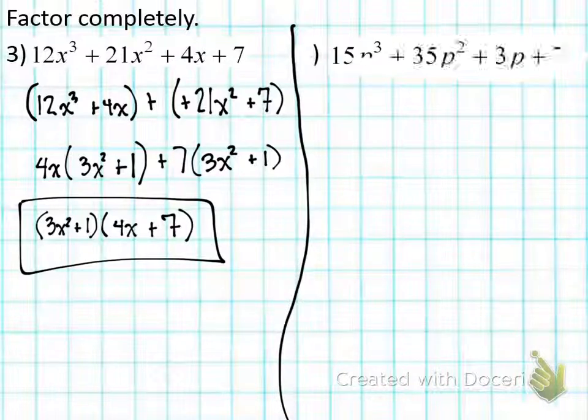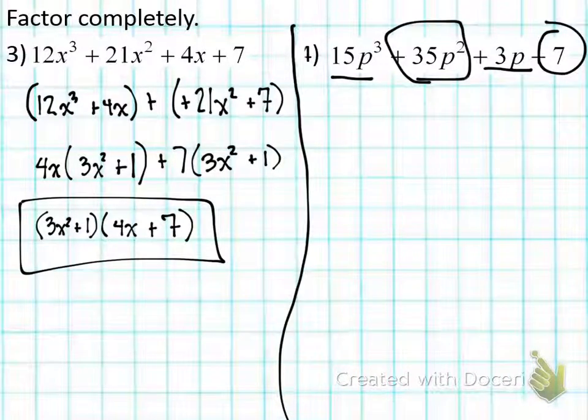Number 4. By yourselves. Go. So let's rewrite this. Now, sometimes when you're really good, you can just do this. You don't even have to rewrite it. But we won't skip steps. 15p cubed plus 3p. Group those. Add a plus sign.